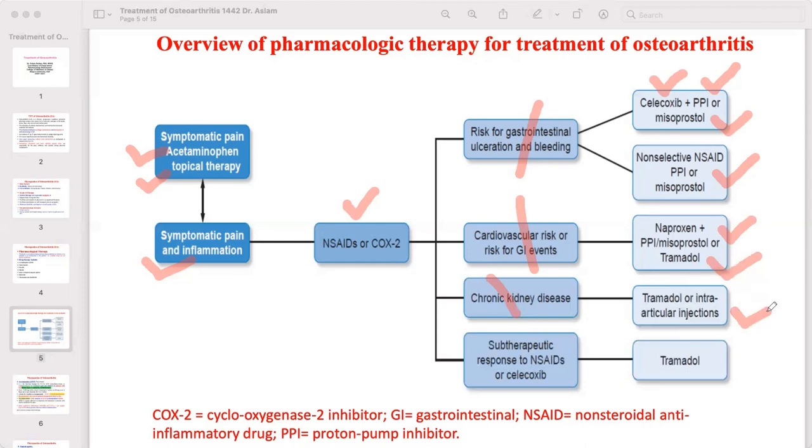Tramadol is an opioid analgesic. And if the patient is on non-steroidal anti-inflammatory drug and reported to have subtherapeutic response, in this case, the opioid category analgesic, that is tramadol, should be used.